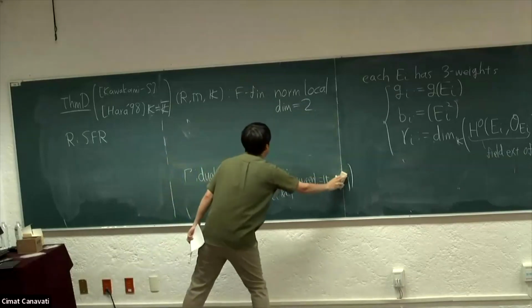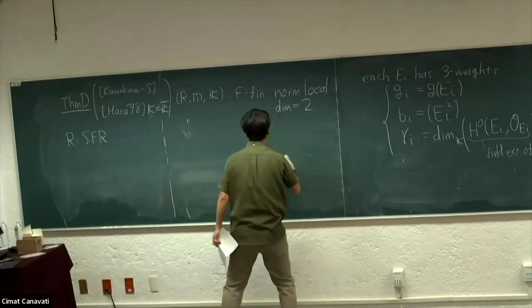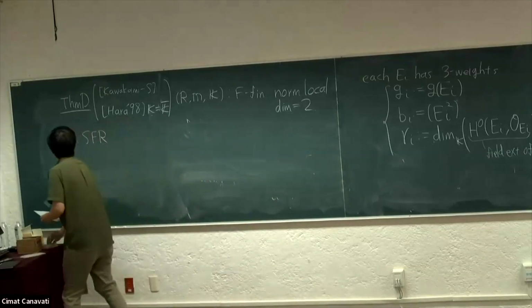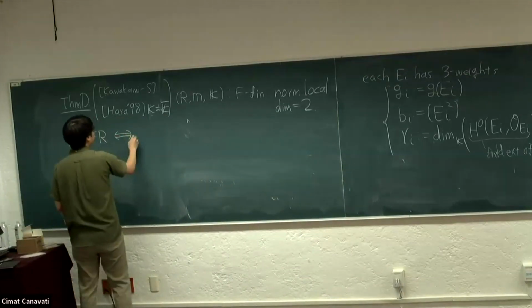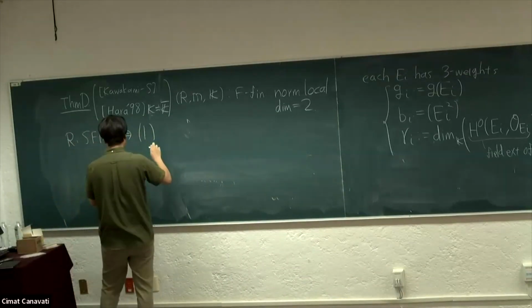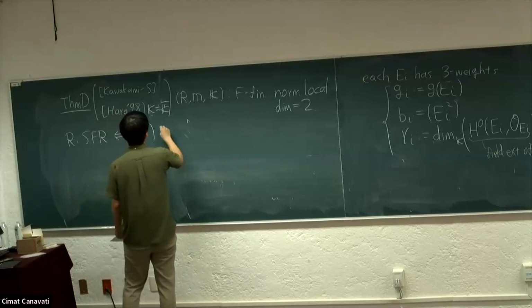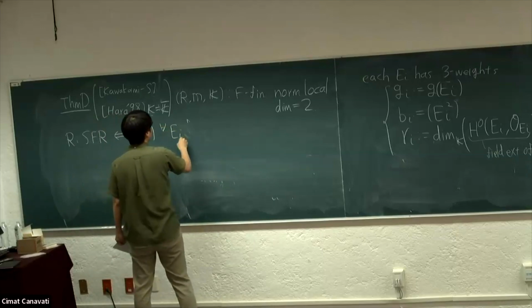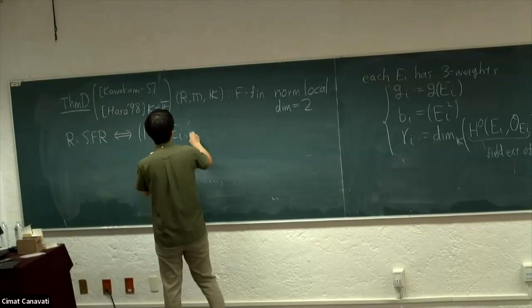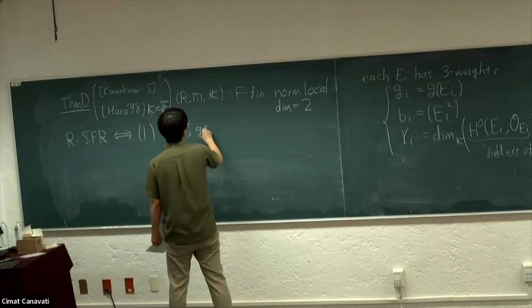But in this case, R is strongly irregular if the following two conditions are satisfied. The first condition is that every exceptional term in the minimal resolution is geometrically reduced.